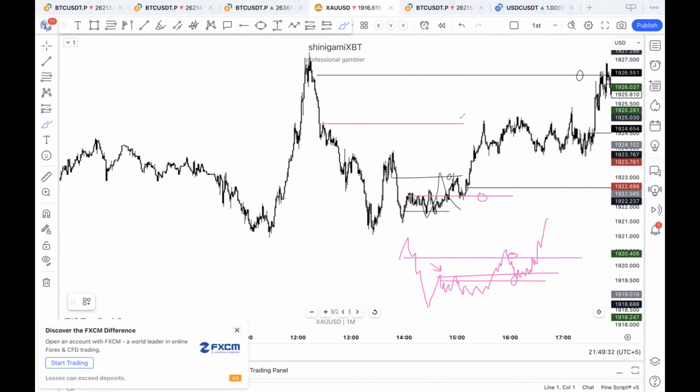And my full TP was this high here, which hit. If you go on the hourly or the 15-minute, you'll see this whole place here is an FVG, and my TP was the first fill of the FVG here, and that was my trade.